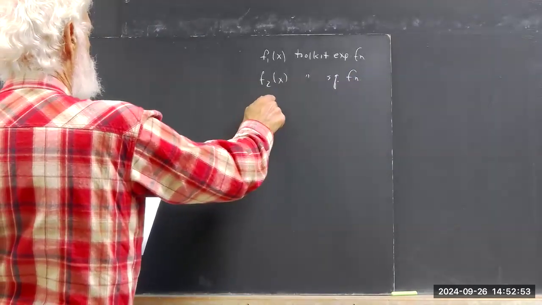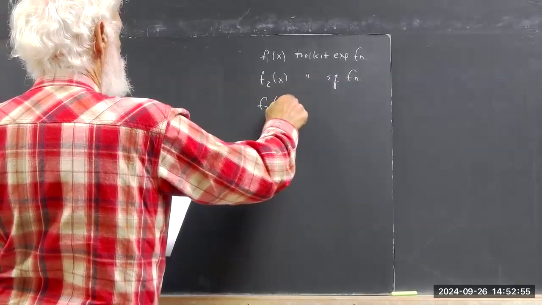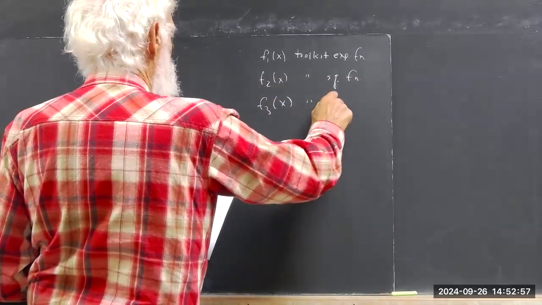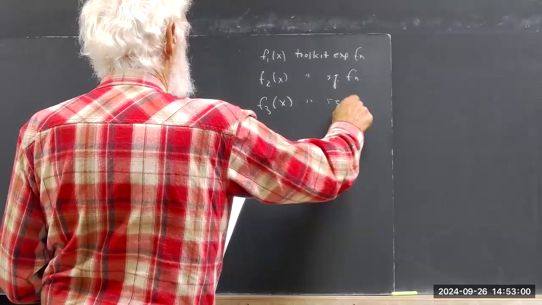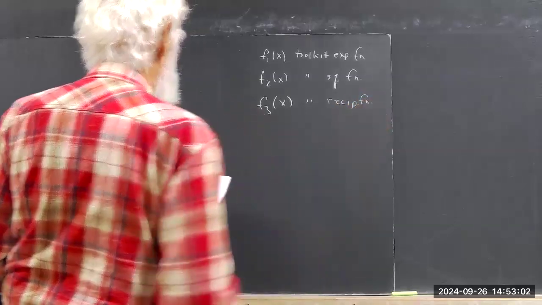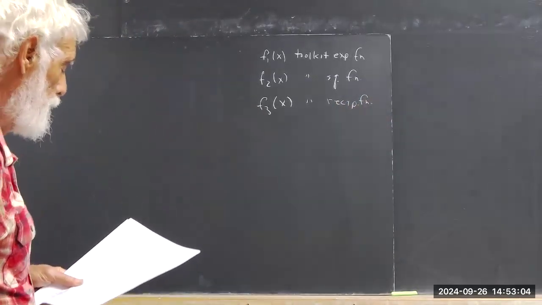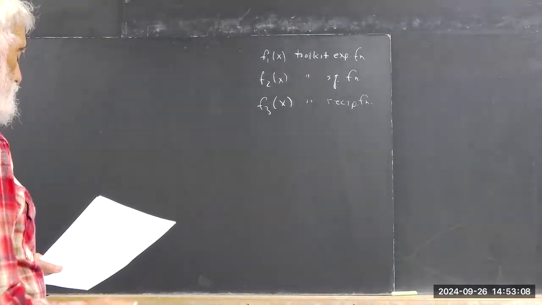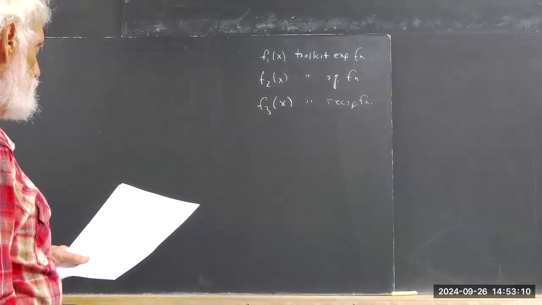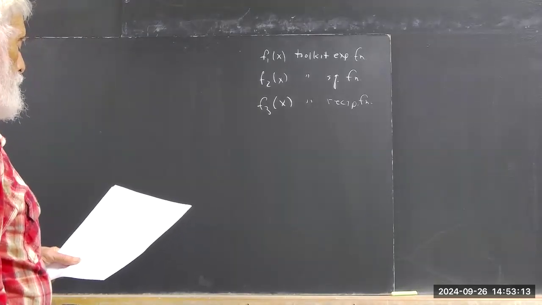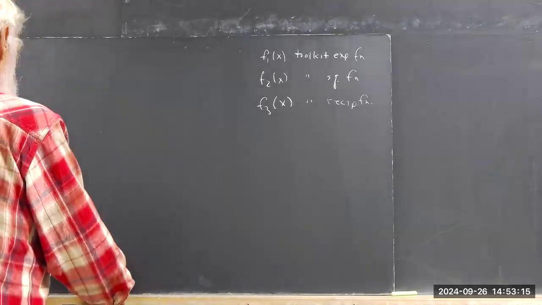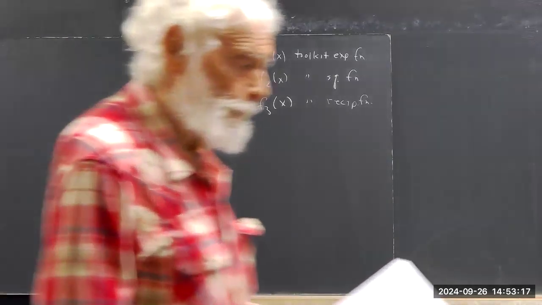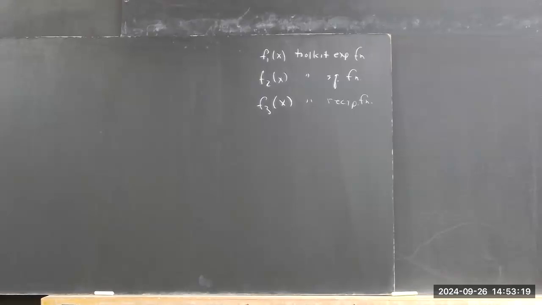And f3 of x is your toolkit reciprocal. Okay, now I say we're going to construct a graph of a piecewise function. Now I should maybe mention here that we would want to use a 4x4 rectangle, except there's a little bit of a problem with that in some cases.